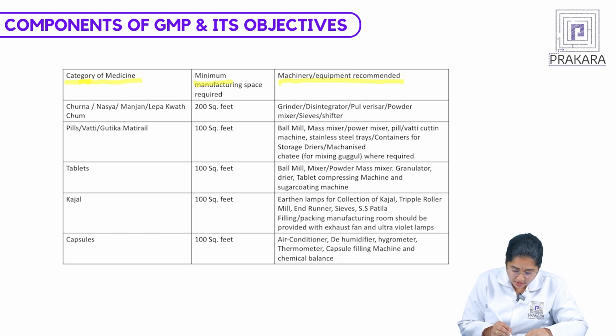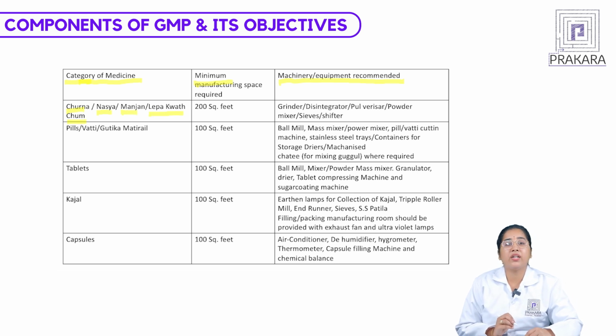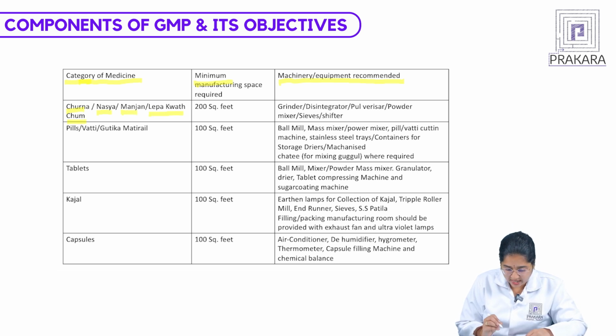For example, if we need churna, nasya, manjan, lepa, kwath or chamam, for that we need 200 square feet area. For that we require equipment like grinders, disintegrators, pulverizers, powder mixers, sieves and shifters.